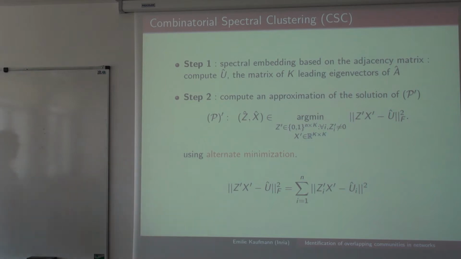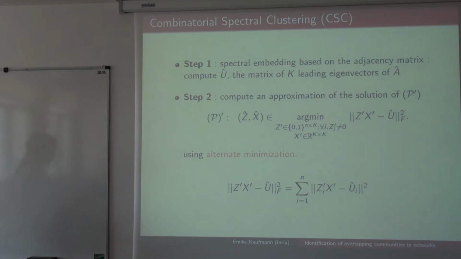Why? Because the first step is again a spectral embedding. So we compute this matrix U hat of leading eigenvectors of the empirical matrix. And then the second step is a kind of clever clustering algorithm that is going to recover overlapping communities. And we are going to solve the problem P prime by using alternate minimization, because the Frobenius norm of Z prime X prime minus U hat can be written in the following way.